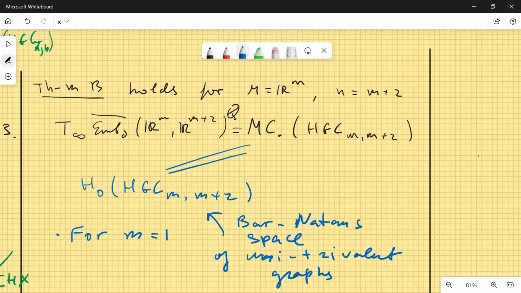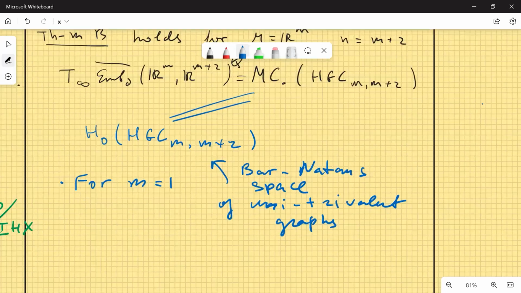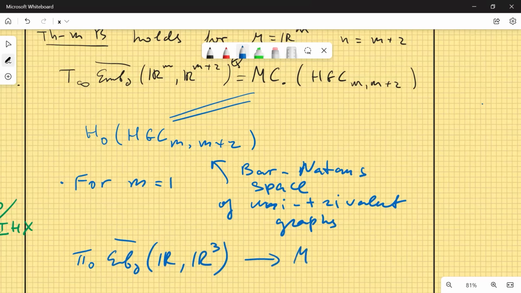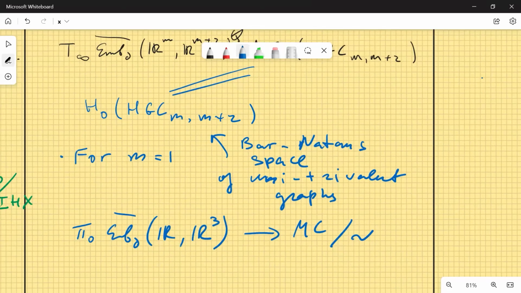And we expect that the corresponding map from pi 0 of embeddings R to R^3 to this space, the set of Maurer-Cartan elements modulo the relations, is essentially the logarithm of the Kontsevich integral. So we expect it to behave as the log of the Kontsevich integral.